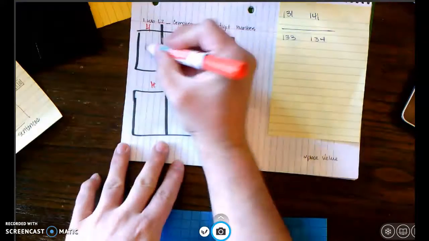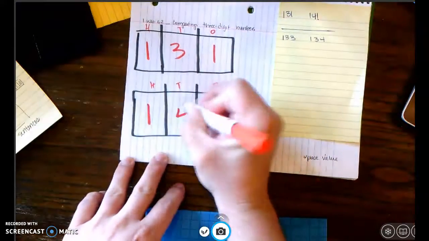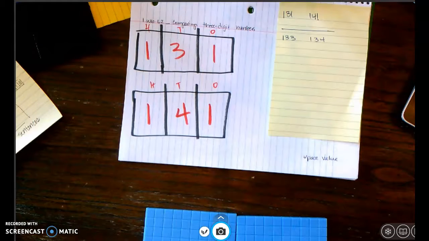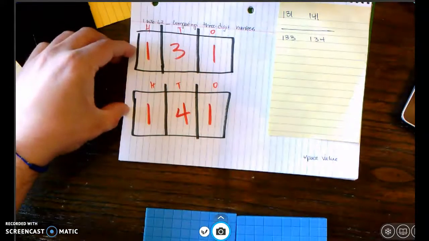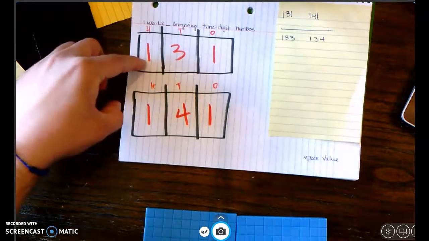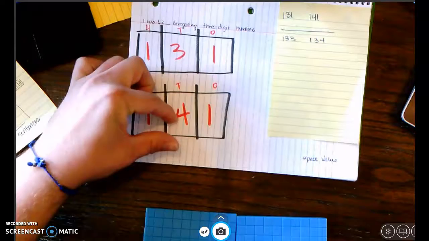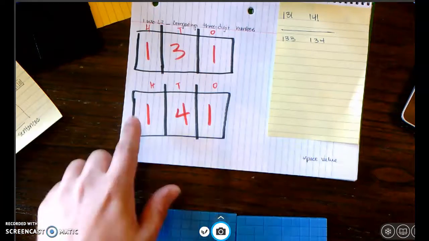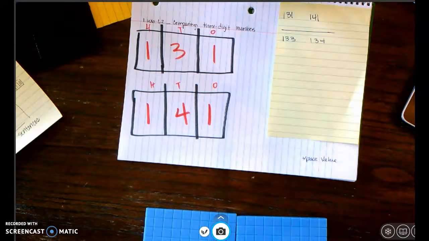So we've got 131 versus 141. Now if I'm looking at this, what I do first is start with the biggest place value, the greatest place value, and compare. Well, they both have 1, so then I go to the next one. This one has 3 tens, this one has 4 tens. So I can stop right there and go ahead and say 141 is greater than 131. I can go ahead and stop there.